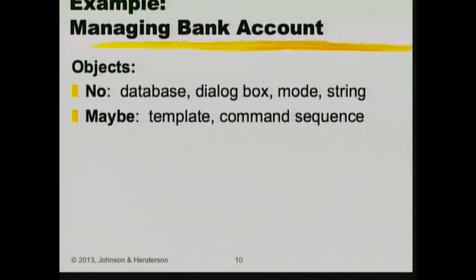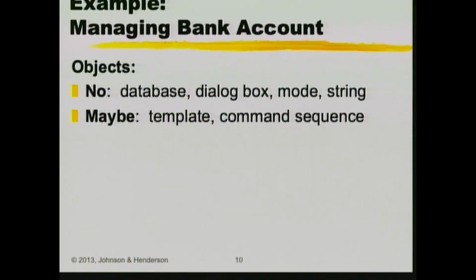So for example, in managing a bank account, you would not want to have objects like database, dialog box, mode, and string, because those are not objects in the domain of managing a checking account or a bank account. Those are objects in the domain of operating a computer or programming a computer. And that's not what the user is trying to do.